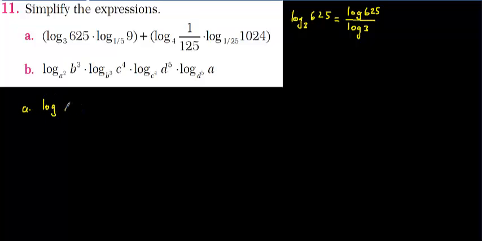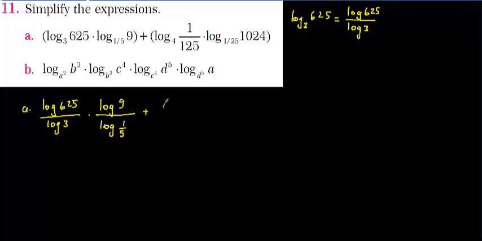This is the first one, logarithm base 3 of 625, written as logarithm base 10 of 625 over logarithm base 10 of 3, and times logarithm base 10 of 9 over logarithm base 10 of 1 over 5, which is 5 to the power of minus 1.